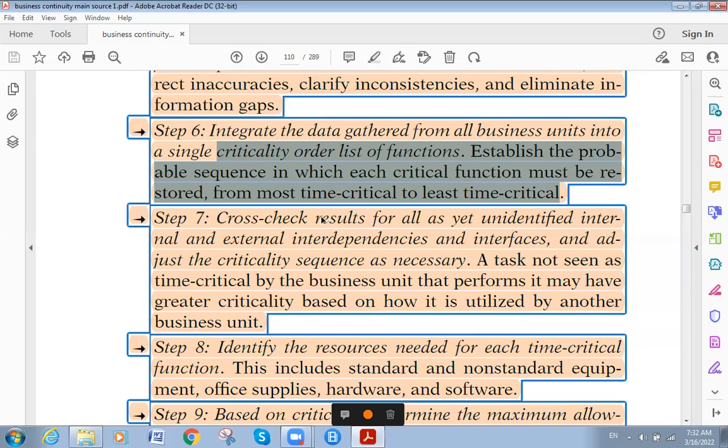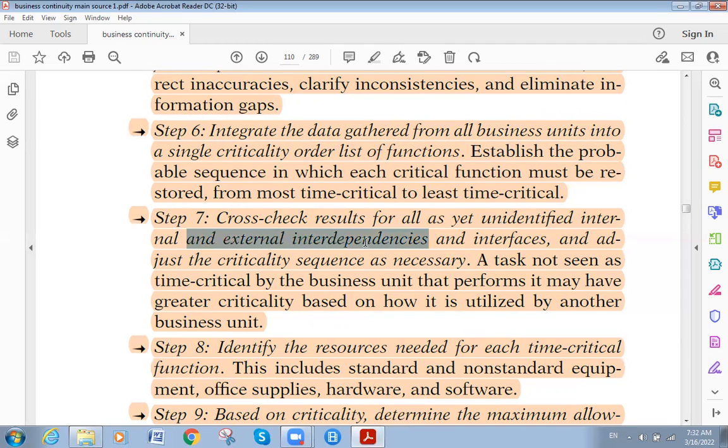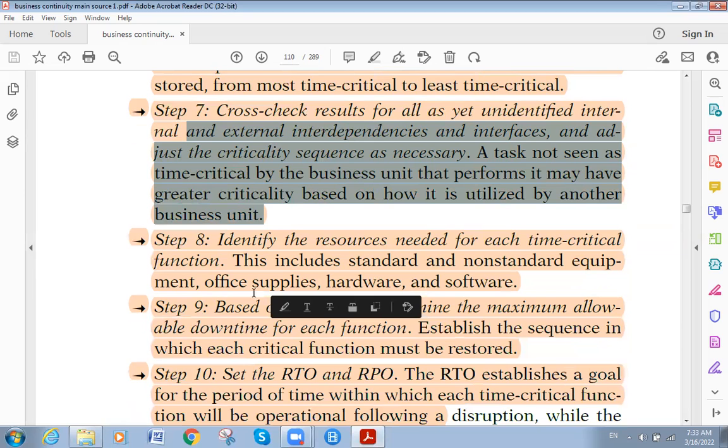Cross-check results for all as yet unidentified internal and external interdependencies and interfaces, and adjust the critical sequences as necessary. A task not seen as time critical by the business unit that performs it may have greater criticality based on how it is utilized by other business units.